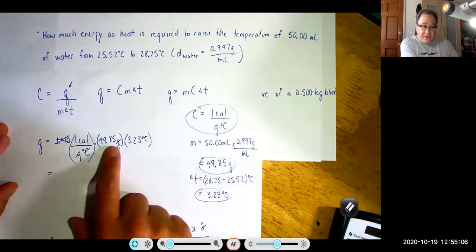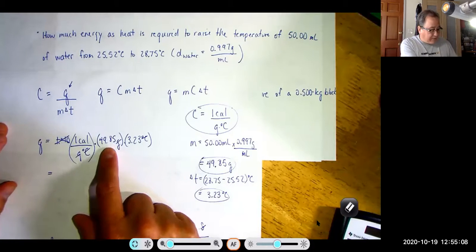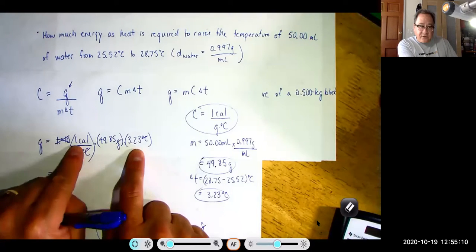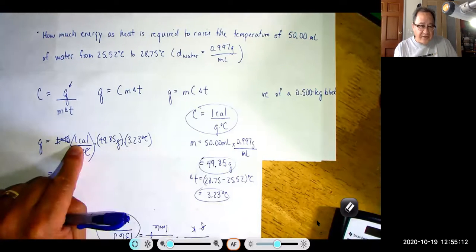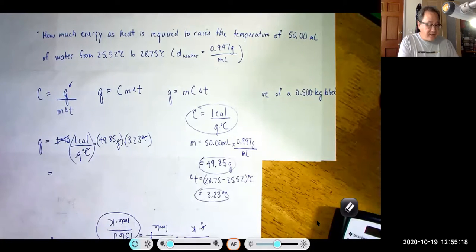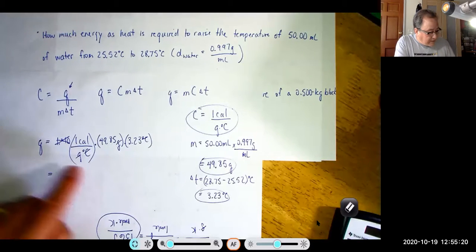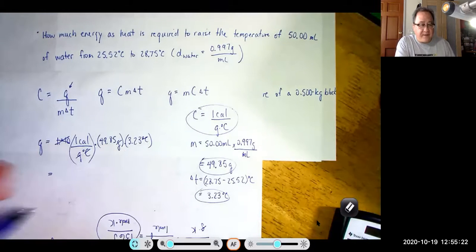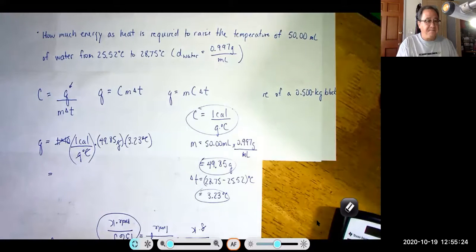Here we have 4 significant figures. Here we have 3 significant figures. And this value here is defined, so it has an infinite number of sig figs. So we're going to get 3 sig figs out of this answer. Basically, we're going to have something a little bit more than 150, like maybe 165, right?